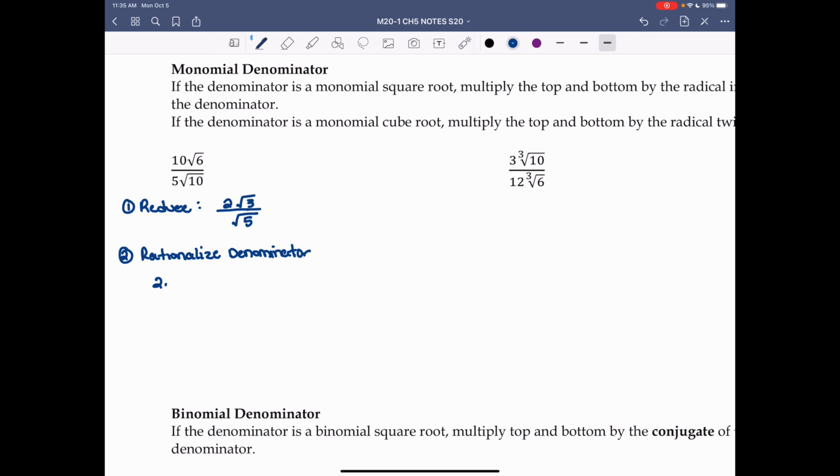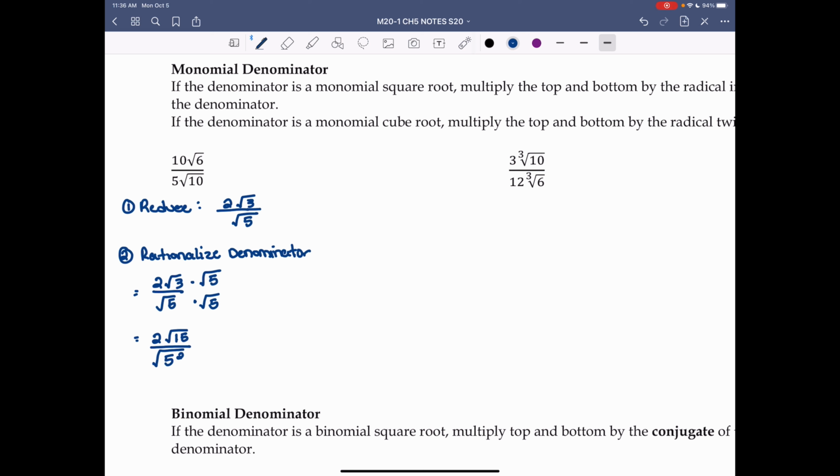So 2 square root 3 over square root 5 times square root 5 over square root 5. This becomes 2 times the square root of 3 times 5, which is 15, over square root of 5 times 5, which is 5 squared.